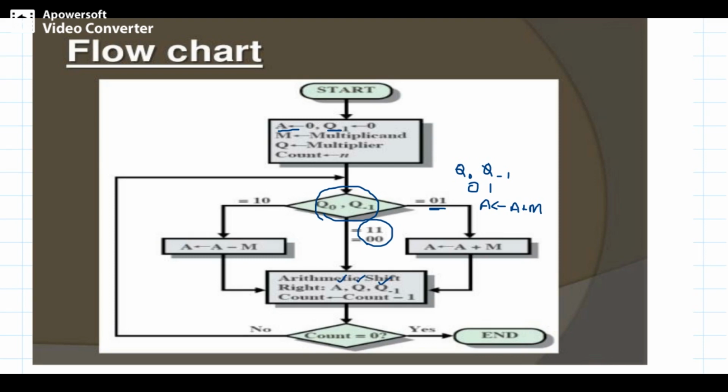And if it is 1 0, the register value A will be replaced by A minus M. So A minus M means we perform A plus 2's complement of M. Whenever count is 0, we come to the end. If not, repeat the operation, and we check the pattern Q0 and Q minus 1.